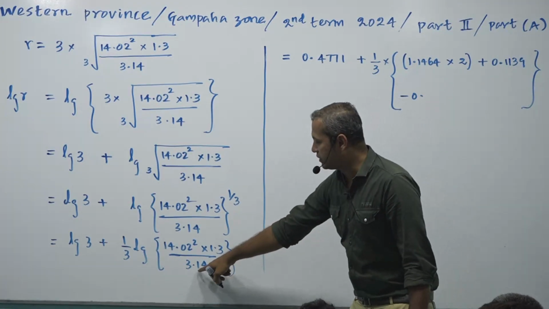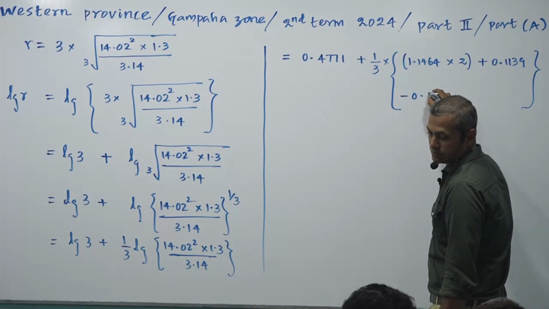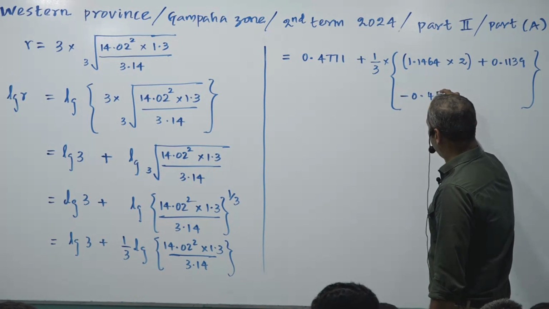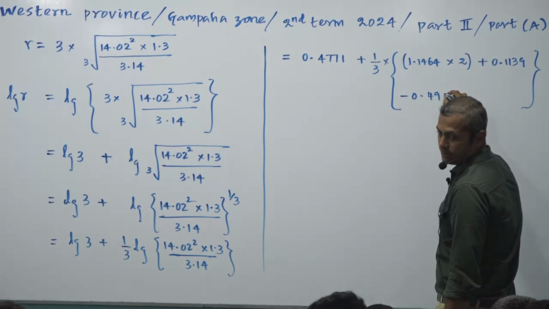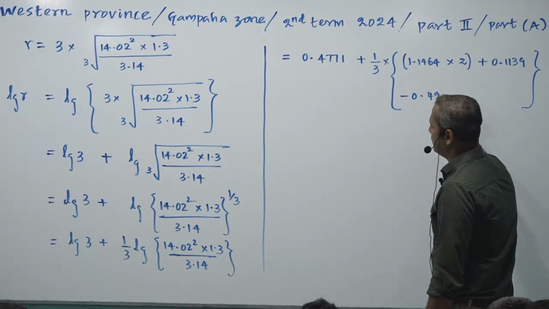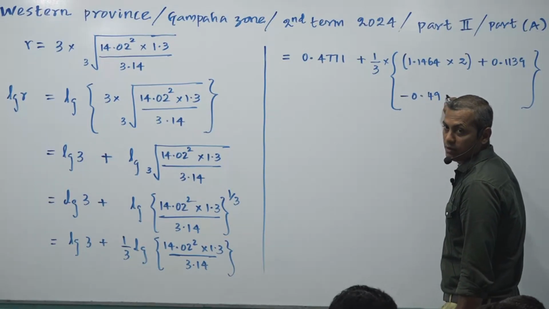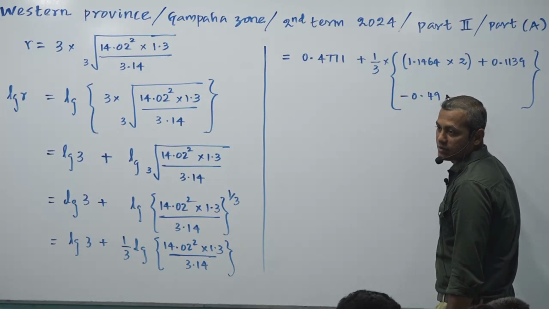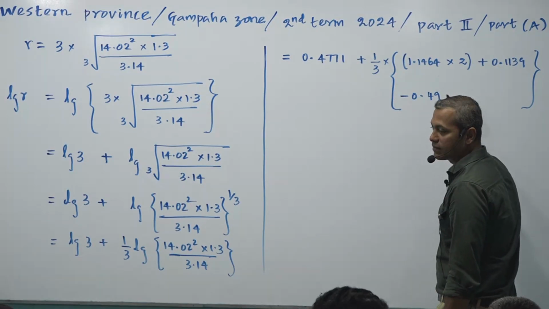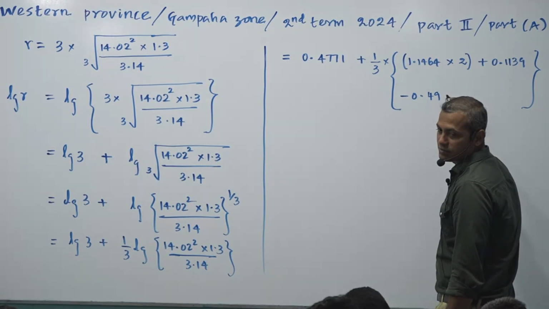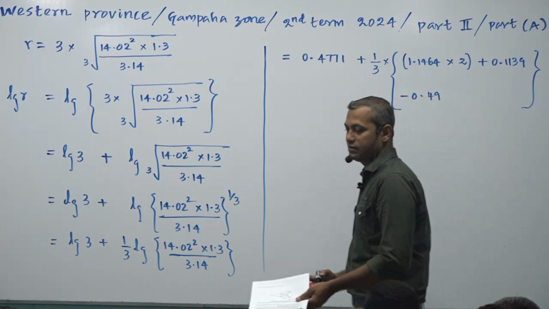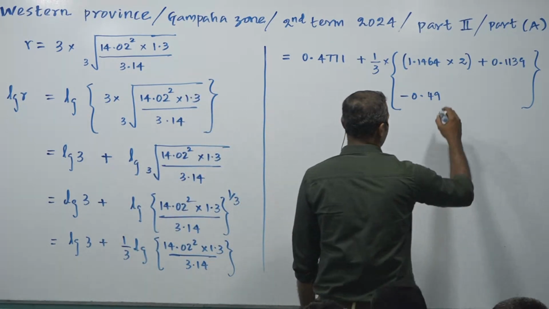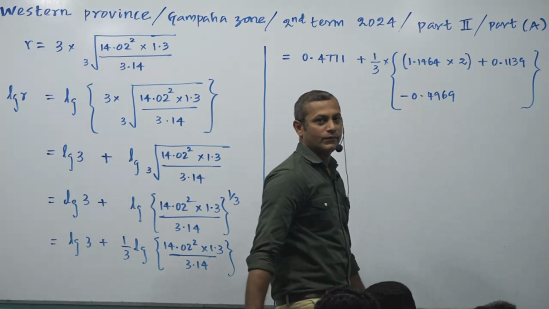And then 31 and 4, 69, 49, 18, 31 and 4. How much? 31 and 4, 49, 69.